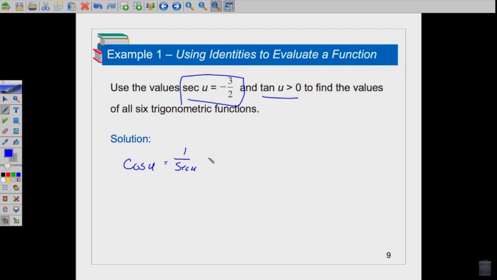That should be easy. It's the reciprocal of this whole thing, so it should be -2 over 3. So the cosine is -2 over 3. Cool, I got one of them.